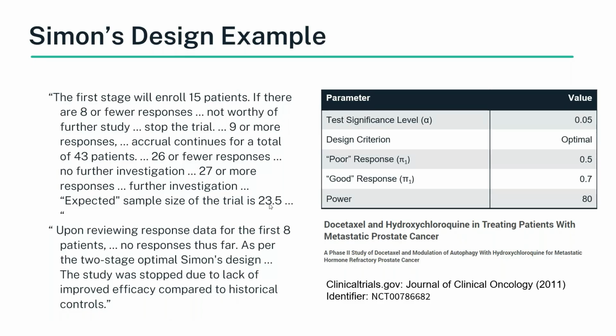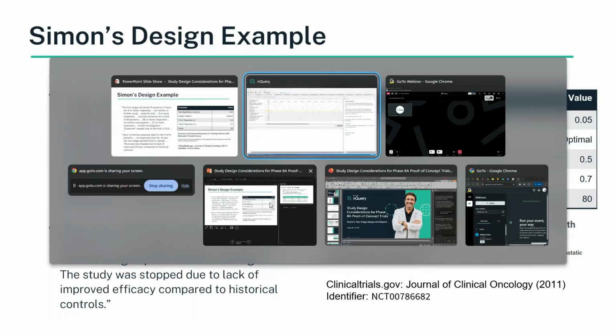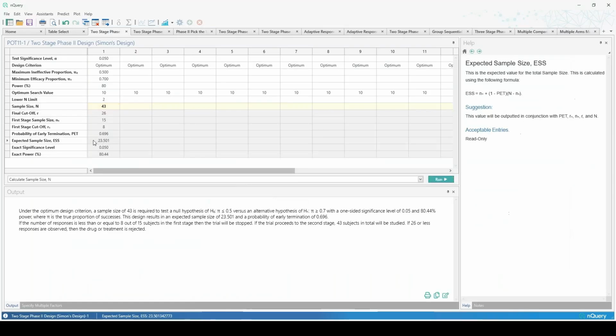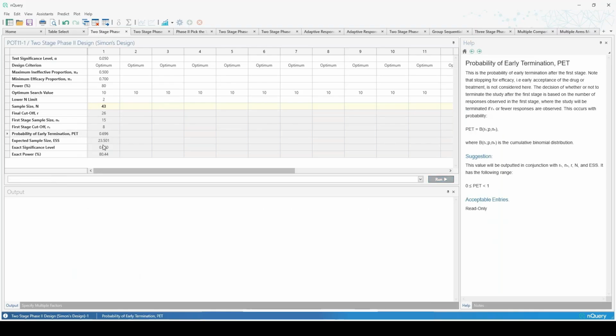And our expected sample size of 23.5, we also have that here. Essentially, to get this, all you're doing is multiplying your early termination probability by the first stage sample size, and then multiplying the probability of not terminating early by the total sample size. It's this formula here, which probably describes it better than I can with words. But it's very simple.